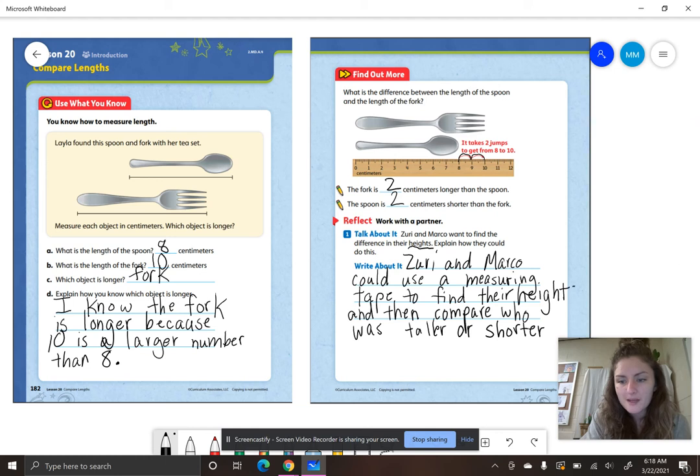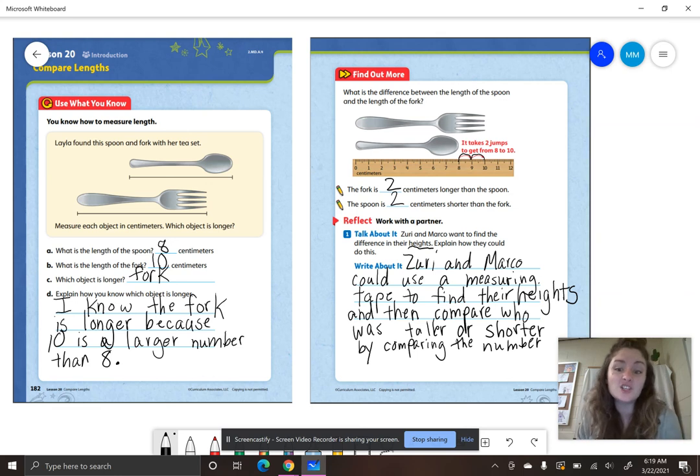Ooh, I'm going to make sure that that is plural. And then compare who was taller or shorter by comparing the number. So you can measure in inches or feet. The number of inches. I'm going to say inches.